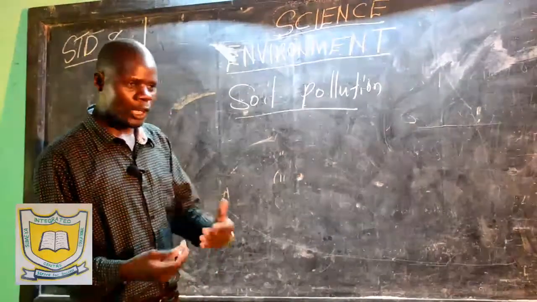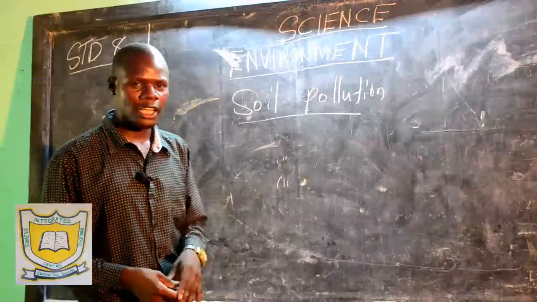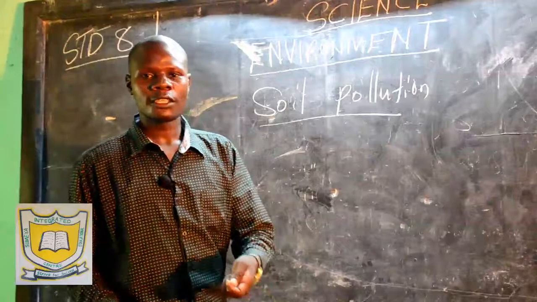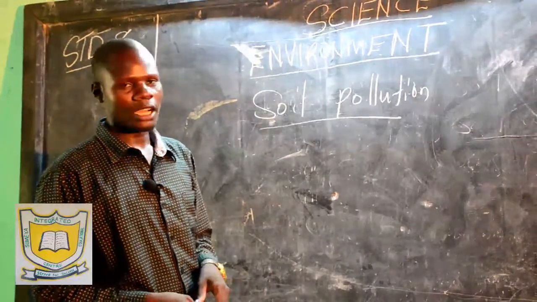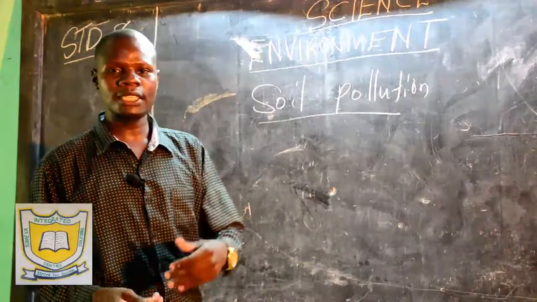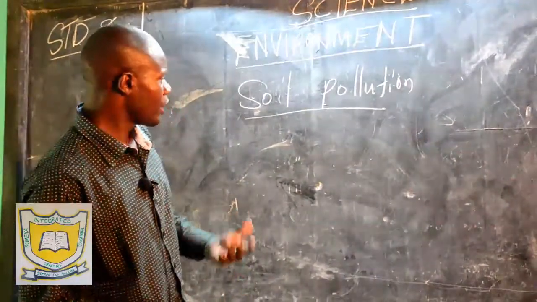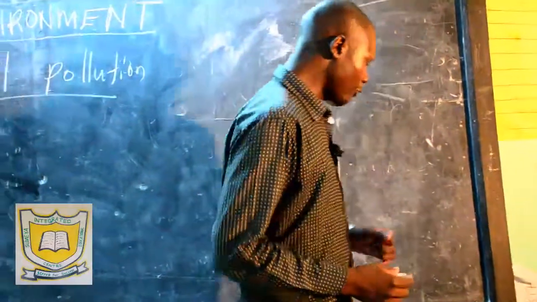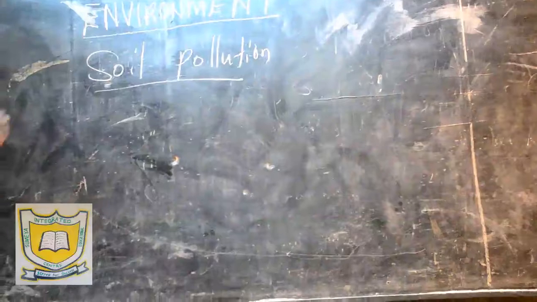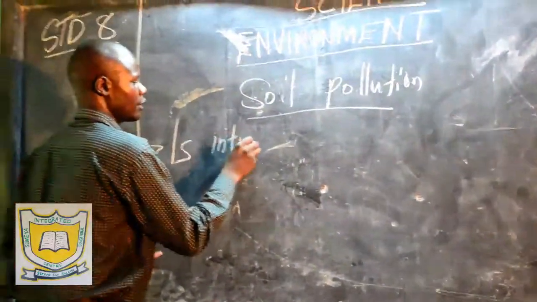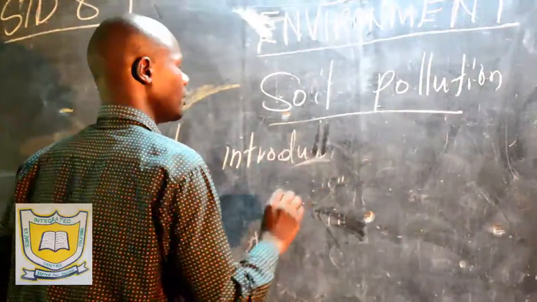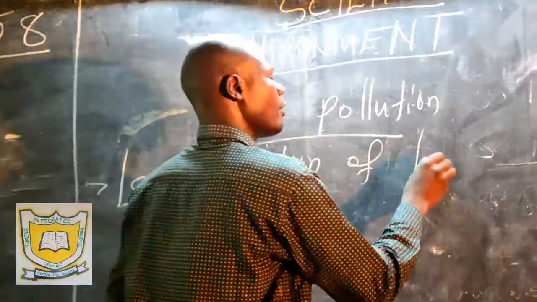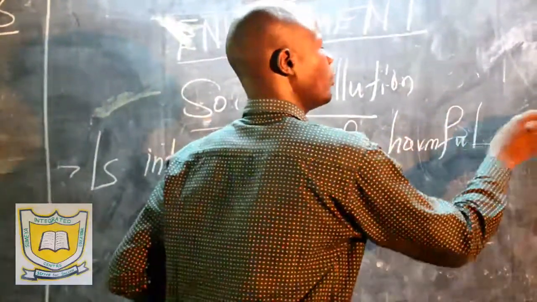So when we talk about introduction of harmful substances in the soil, what are they? These are elements that reduce fertility of the soil, hence making the soil not productive. Soil pollution is the introduction of harmful substances in the soil.